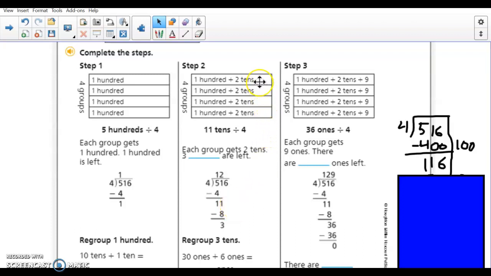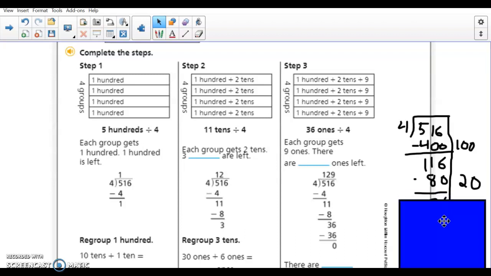You can see up here what they figured out was, if they have 11 10s, they can evenly distribute 2 10s to each one. So they said 2 times 4, or really it's 20 times 4 is 80. Once again, they didn't put the 0 there. They're just holding place value. It's 80, and that's the same thing we would do, but we would write that 0. We would say 20 fours is 80, and we'll subtract. Now we're going to get 36 left.